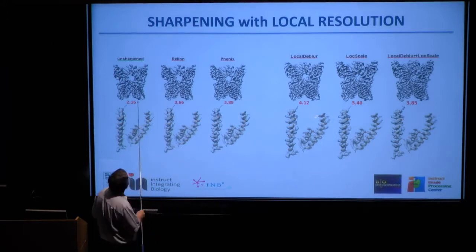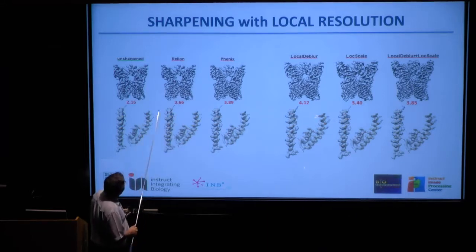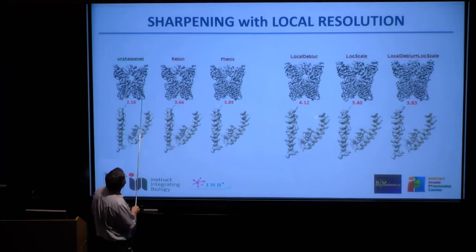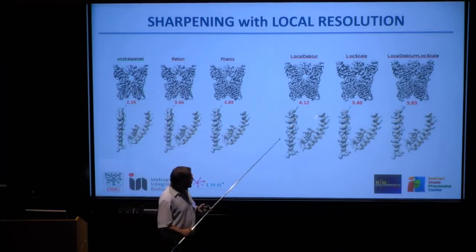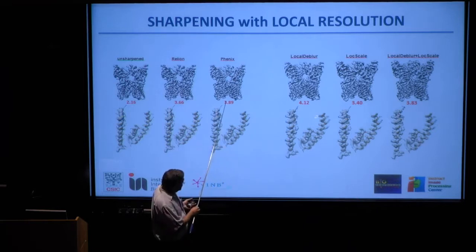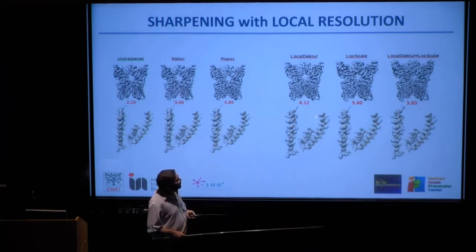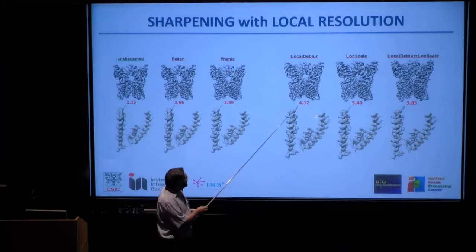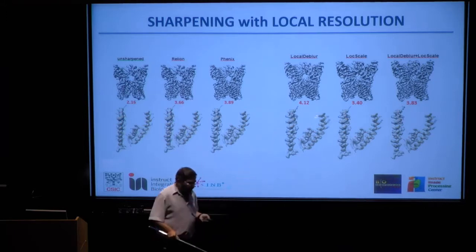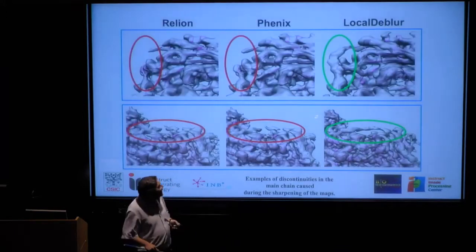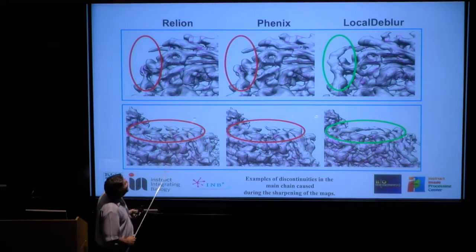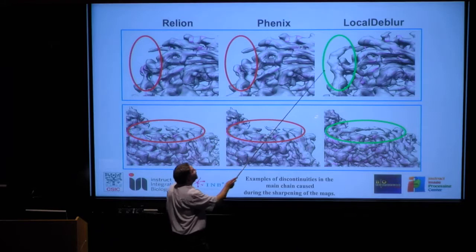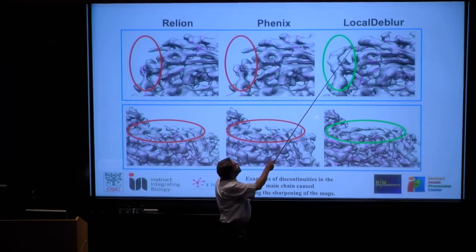And well, you have here the same channel TRPV1 that it was before. It was sharpened with a number of algorithms, and we made many measurements of quality, and one of them that you have here is the EM ringer. But really, the slide that I like the most is this one, in which you see how there are areas that normally correspond to loops in the structure.